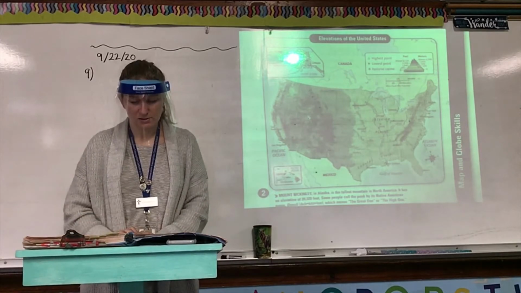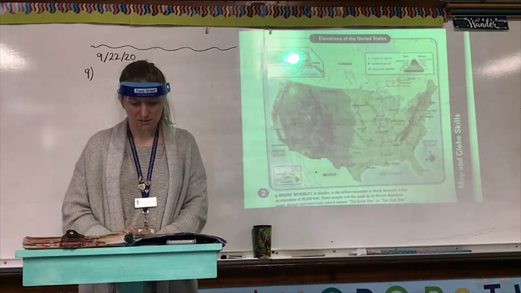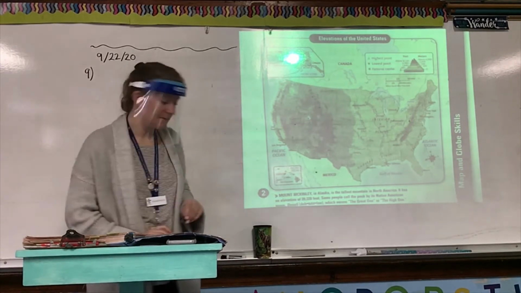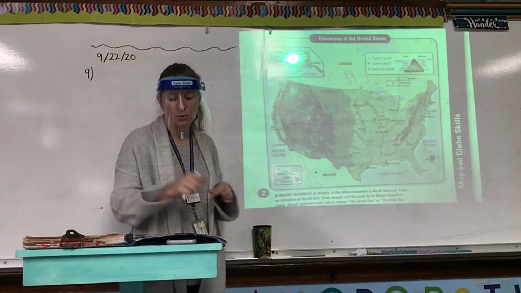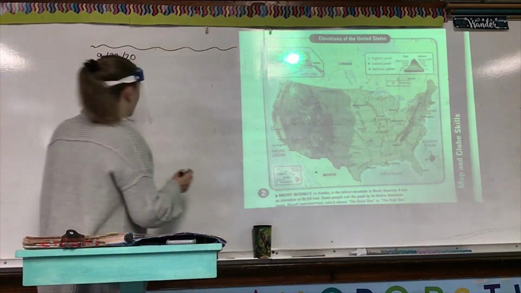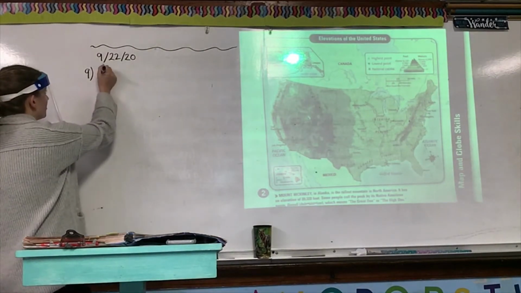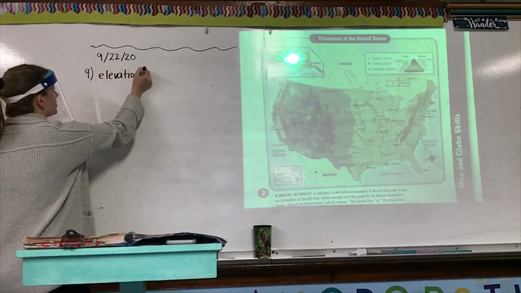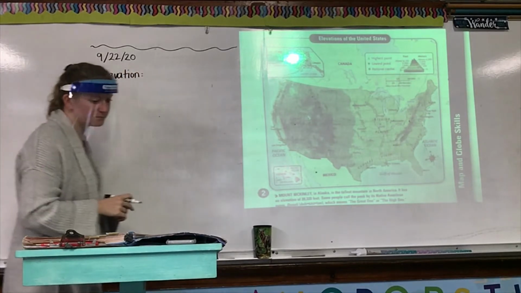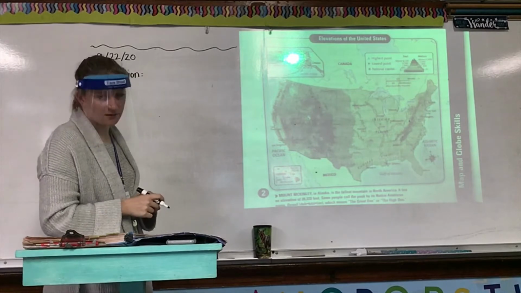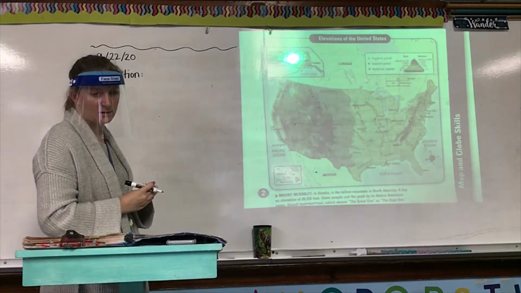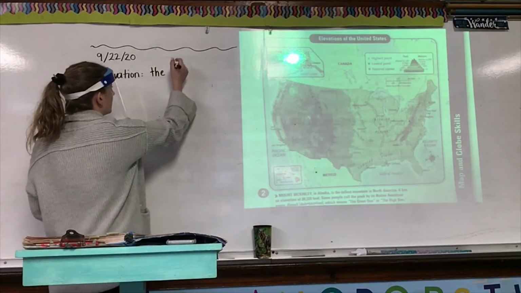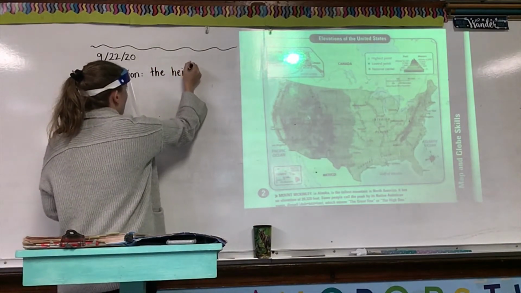Elevation, the height of the land above sea level. Pause. What's our next word, Zari? Elevation. And what is elevation, Zari? The height of the land above sea level. Good. It's the height.